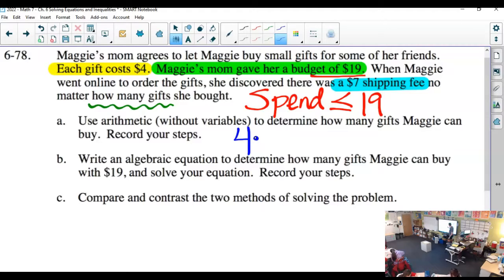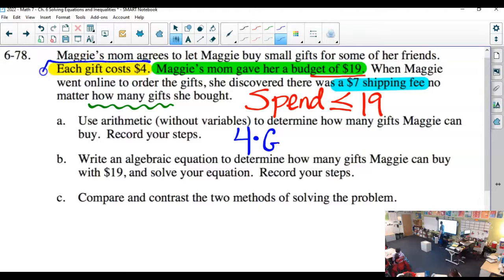G. Sure, 4 times G for the amount of gifts. Wait, but that's doing 4 times gifts. Correct. The amount of gifts. It's $4 per gift. I think all the talking you've been doing has gotten your brain too far ahead. But you can't get 4 gifts. That's not what I'm saying.